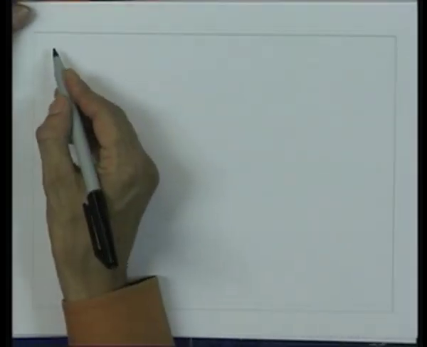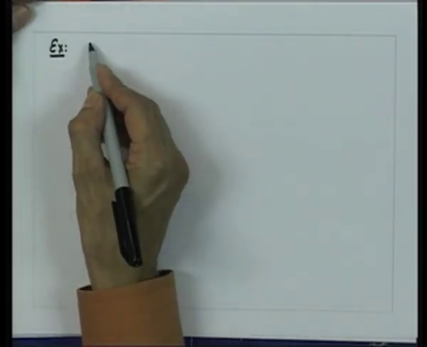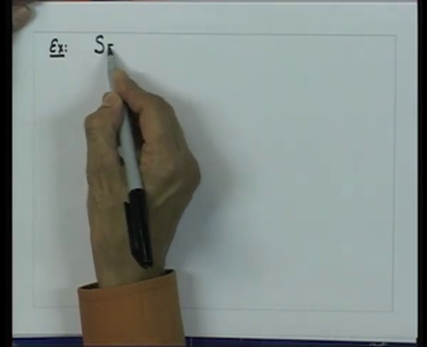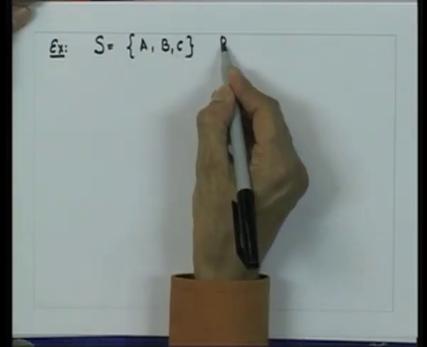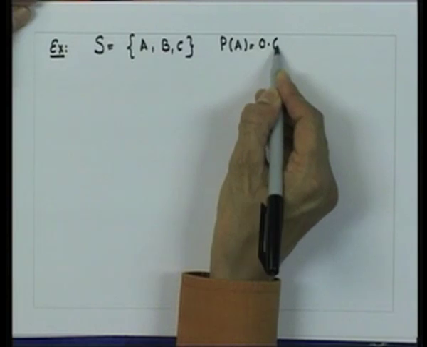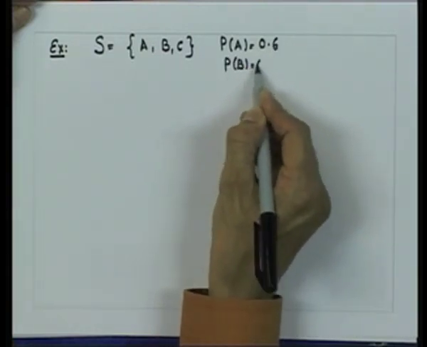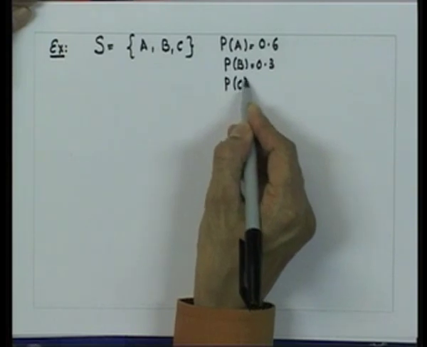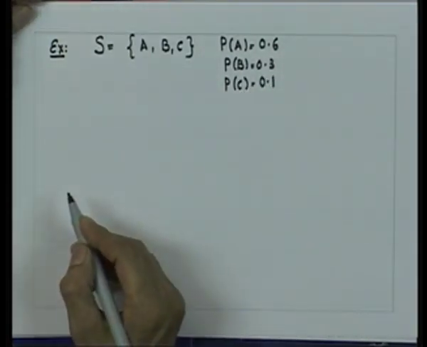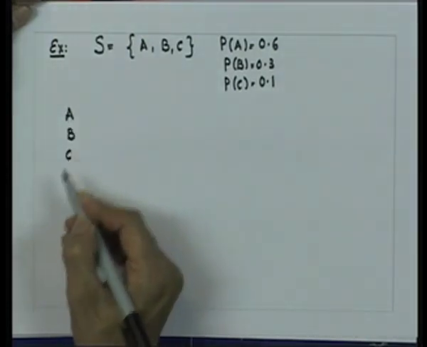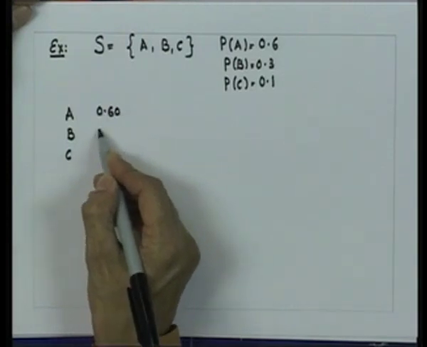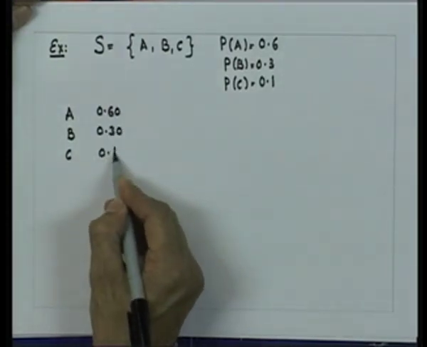Let us take a simple example to understand this. So, if I have a source consisting of 3 alphabets with probability of A equal to 0.6, probability of B equal to 0.3 and probability of C equal to 0.1, then the first thing we do is you start with the 3 entries A, B, C. These have probability 0.60, 0.30, 0.10.